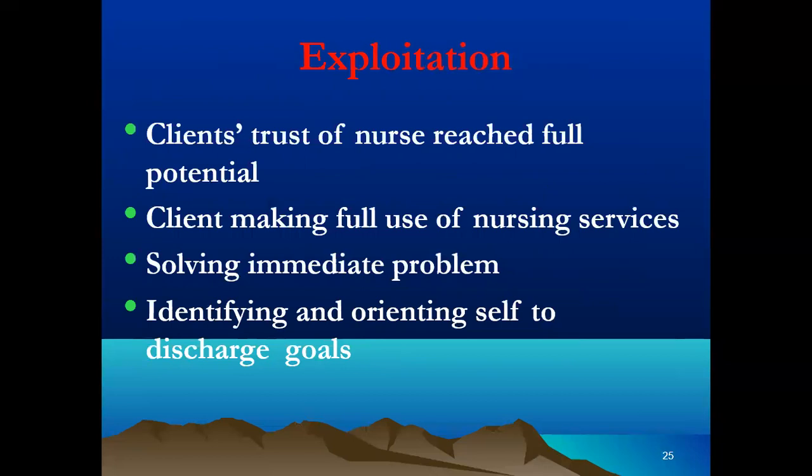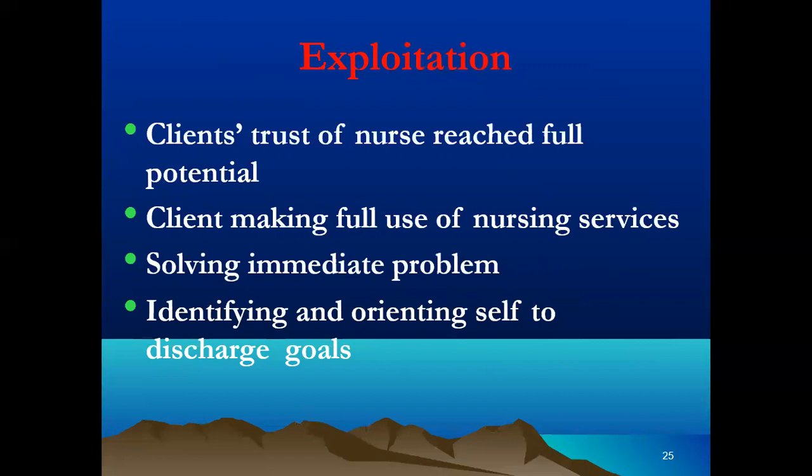Exploitation, the client's trust of the nurse has reached full potential, and the nurse therefore at this moment can usually bring in the nursing care plan and the nursing services. The problem is solved. If they came with dehydration, if they came with whatever problem, it is now being solved.